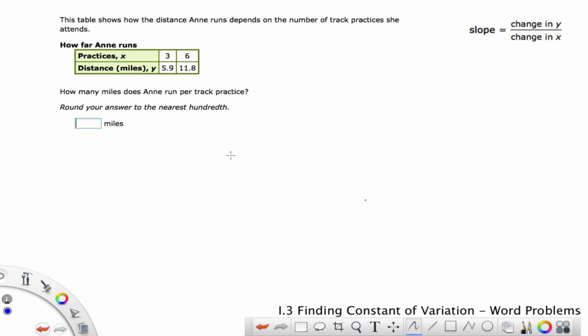Okay, so we've got the distance Anne runs depending on the number of track practices she attends. So again, we've got miles per practice. So we have, again, y over x. So rounding to the nearest hundredth, that's a clue. It means it's not going to work out evenly, probably.